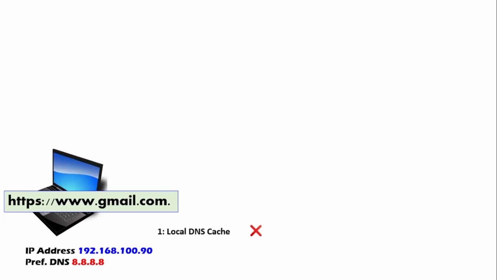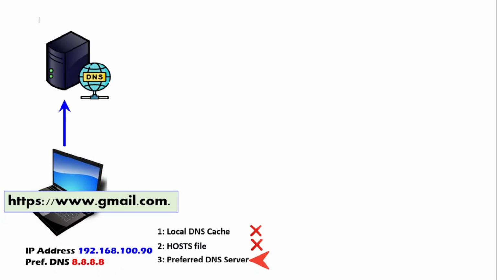If it doesn't find the IP address of gmail.com, it will look into the local hosts file. And if it doesn't find it there, then it will query the preferred DNS. So it will ask the preferred DNS, what is the IP address for gmail.com.